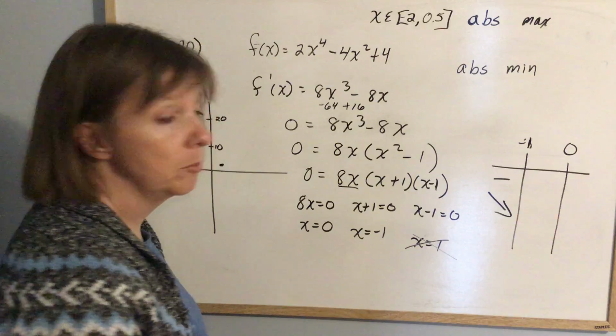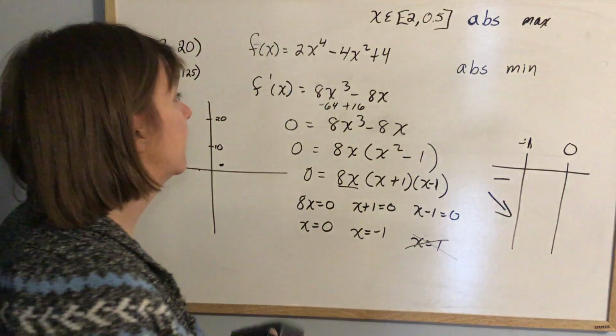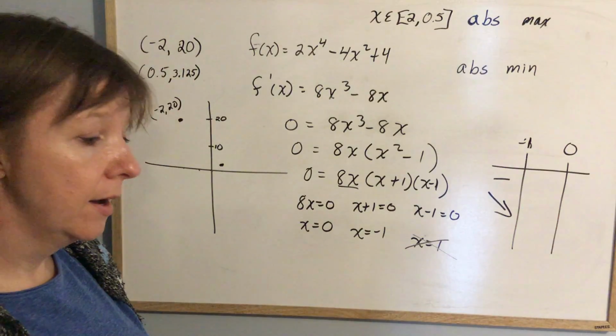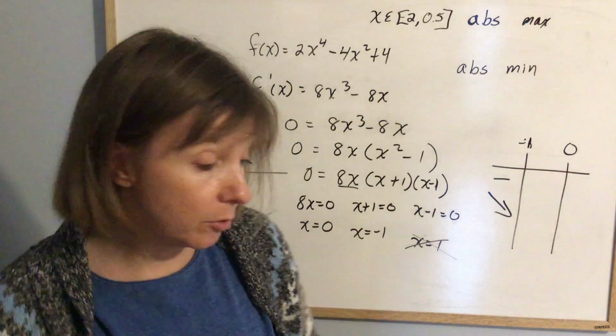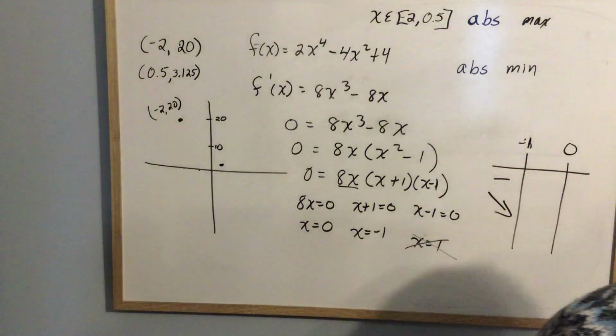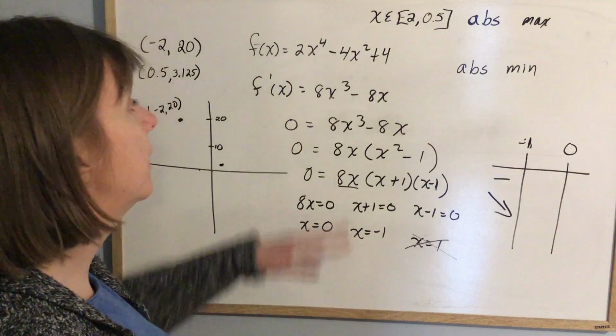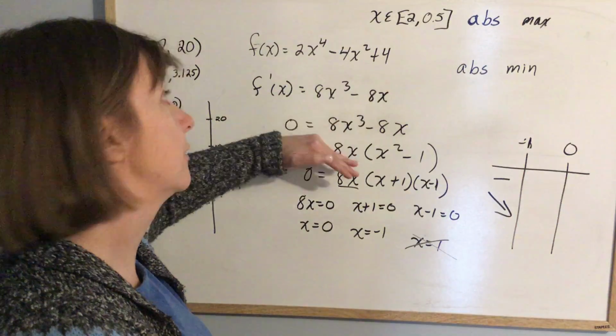So then I need to pick a number between -1 and 0. Unfortunately, that means I'm going to have to pick a decimal or a fraction. And I'm going to pick -0.5, and I'm going to put that back into the derivative.